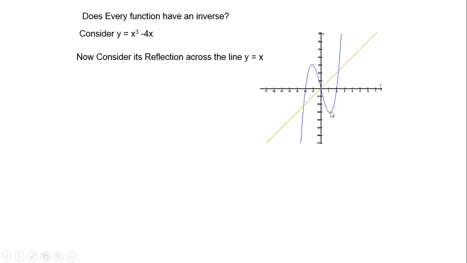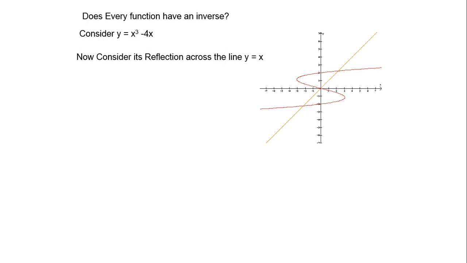If we knew what this point was, looks like, let's just estimate it at 1, 4, then its flip-flop would be 4, 1, and this point, which looks like about negative 1, 3 or 4, would be 3, negative 1. So that's what you would end up with as an inverse, okay?